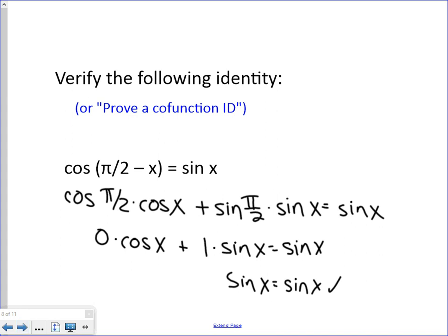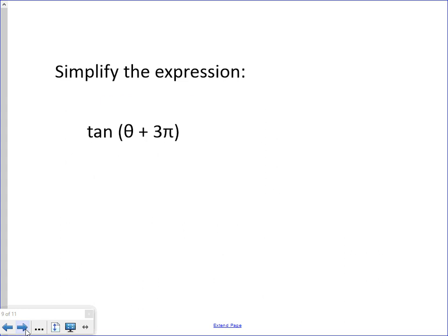Okay, next up is tangent. We have tangent of theta plus 3 pi. You kind of know what to expect on this problem because there's a theta in it, so you're not going to come down to just a number answer at the end. You're going to have some kind of trig function, most likely a tangent still at large.